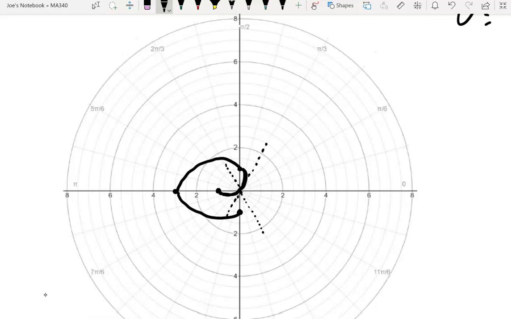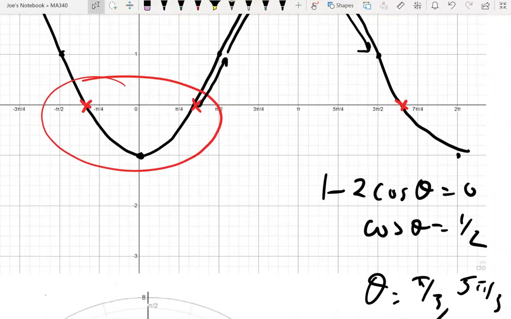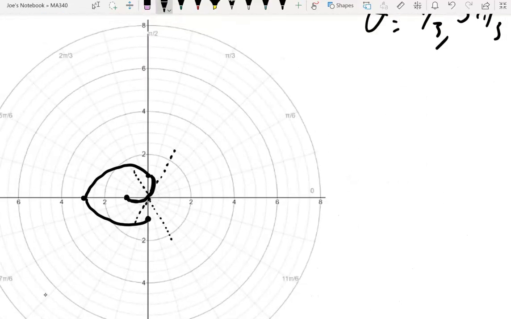But again, I've got to cross through the pole, right? Because if I look back at my graph, as I go from this point to this point, we hit the pole, don't we? And that's why we've got that other guiding line there for us. We're going to come back this way, in through the pole, and then cycle around that way. And so we get this inner loop and outer loop pieces there.